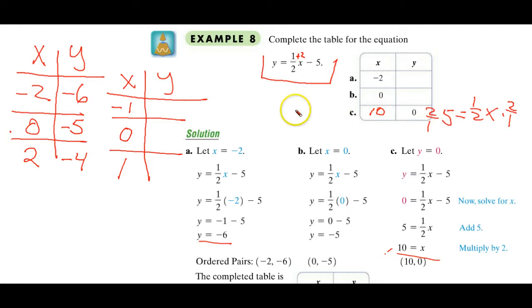Okay? Now you probably wouldn't choose 10 in this column because it might be off the graph. Again, you want to choose things toward the origin. Although later you'll see we will be using these two values, a 0 and a 0. These have special names. We'll get to that later.